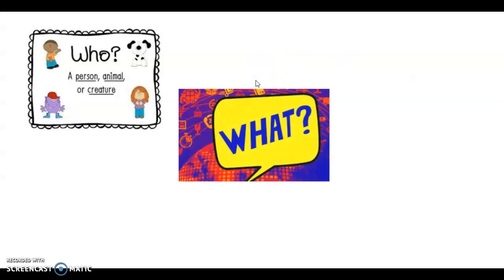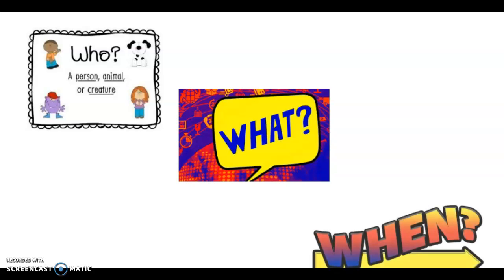If I ask you these questions, who am I? You probably said, the bald man, Mr. Ward. Quick answer. What time is it? You'll have answered the time. Quick answer. When are we going to end school today? 12:30.